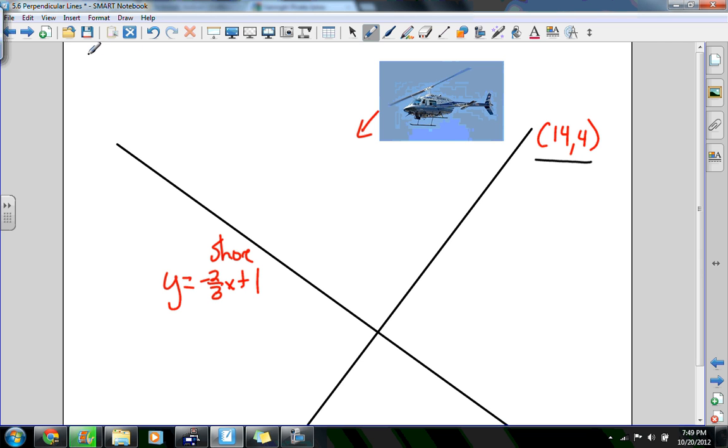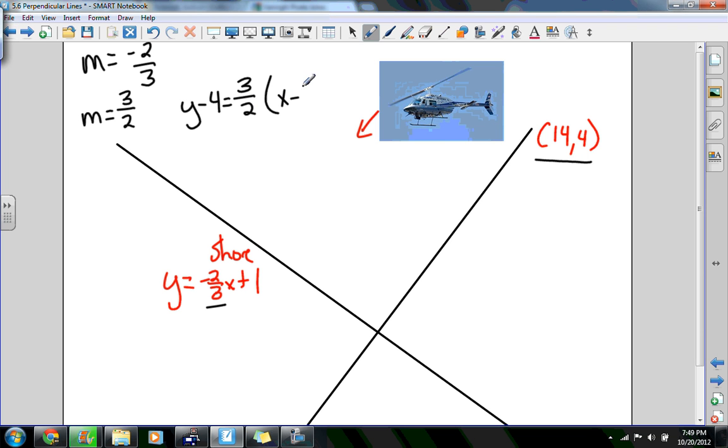We have to find our original slope, which in this problem is right here, negative 2 over 3. So our new slope is 3 over 2. Here's our ordered pair. So we do y minus 4 is equal to 3 over 2, parentheses, x minus 14.